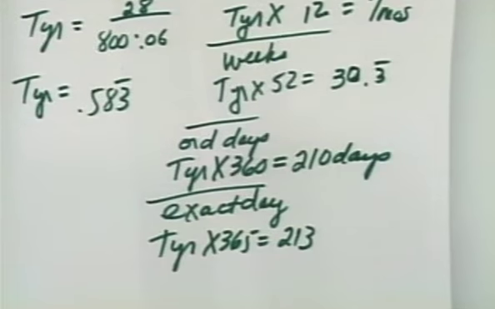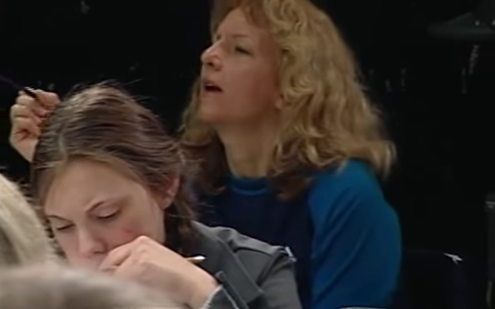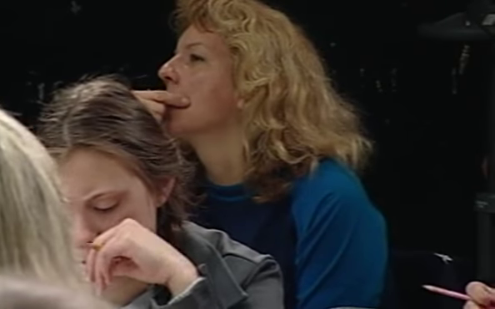Great. Your time is 0.583 repeating. So when you're doing your months, time times 12 is 7 months. Are you doing, oh, I was on the other sheet. It's okay.